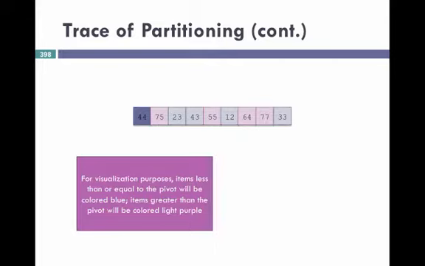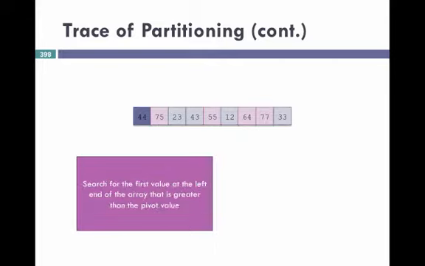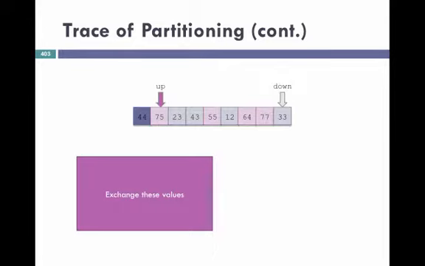The purple items are greater than 44. So we search for the first value at the left end of the array that's greater than the pivot value. That's 75. And then we search for the first value at the right end of the array that's less than or equal to the pivot value. And then we'll exchange these values.